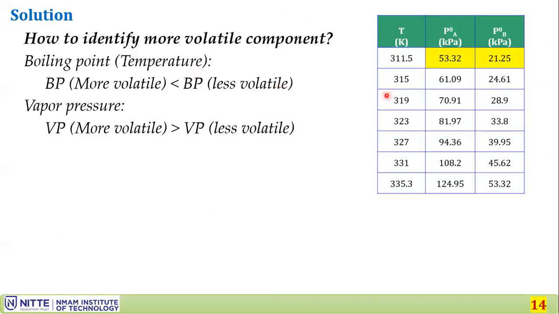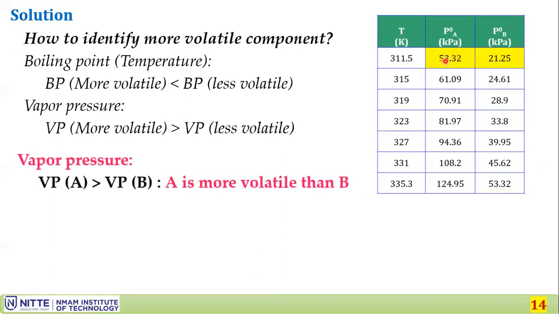Here there is no boiling point directly in front of us. Now we can compare the vapor pressure. The vapor pressure of the more volatile component will be more than that of the less volatile component. In simple words, at a given temperature, whichever of A and B has the higher vapor pressure will be more volatile. The component having more vapor pressure is more volatile. So you can think which is more volatile here.